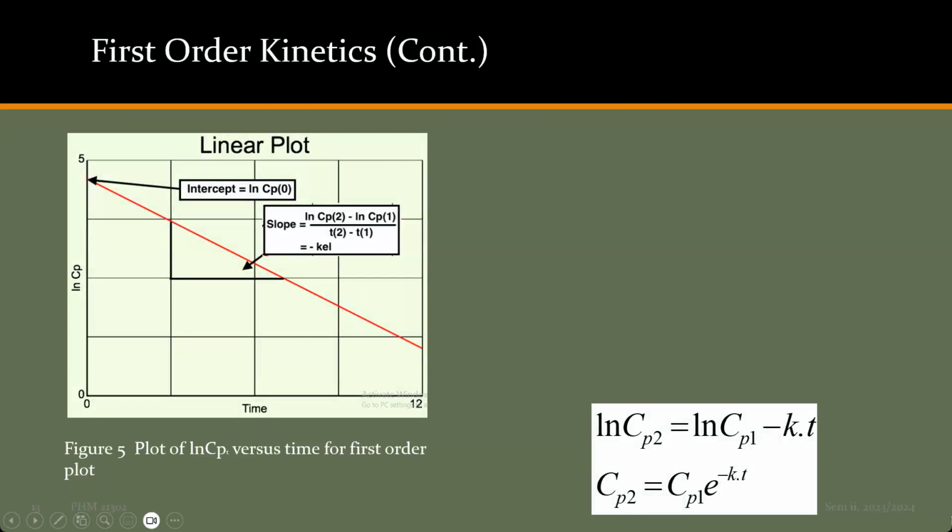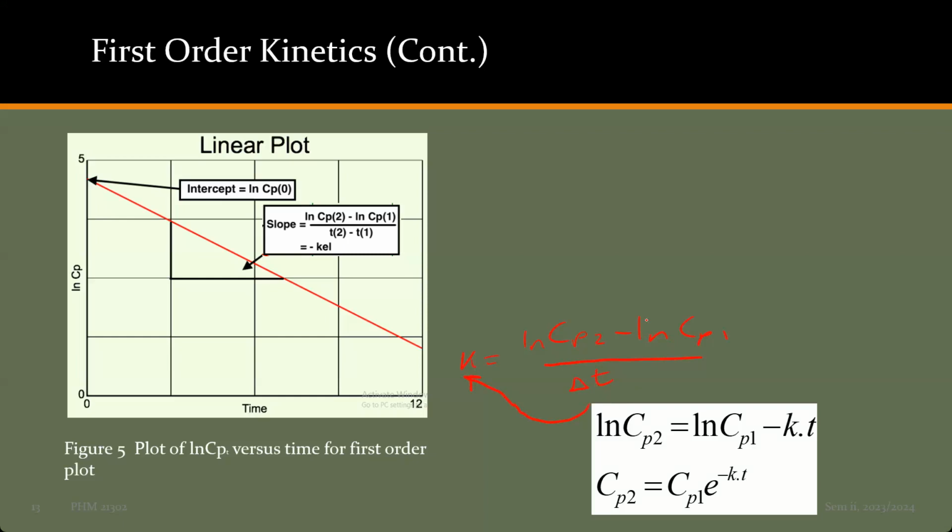The equation was K equal to ln CP2 minus ln CP1 divided by, instead of T1 minus T2, we can say delta T. Okay? So you can transfer T here. So you get ln CP2 minus ln CP1 equal to K times T, or delta T.